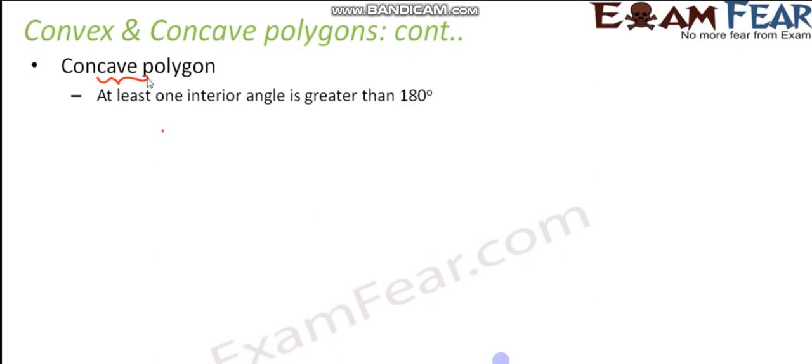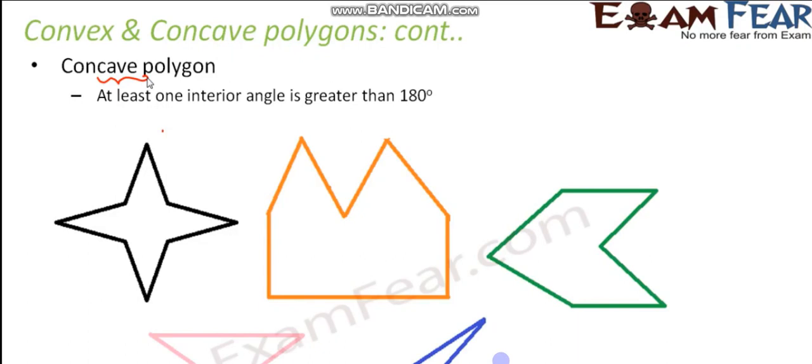So when you look at a concave polygon, it gives a cave-like structure.